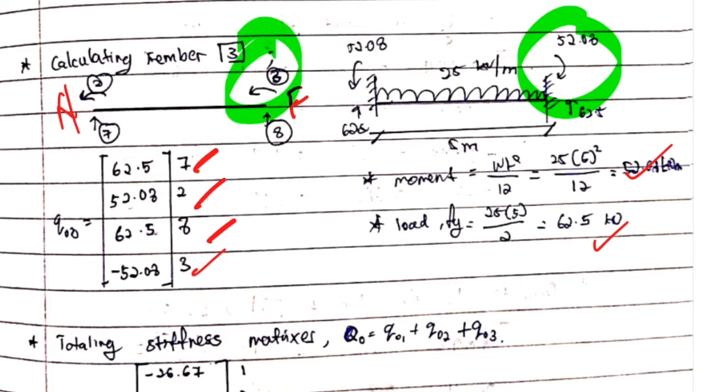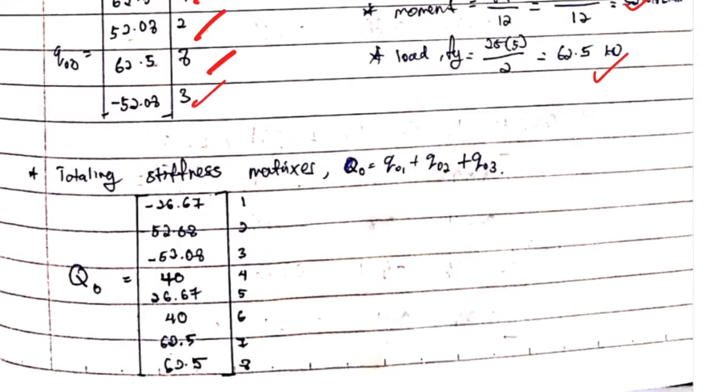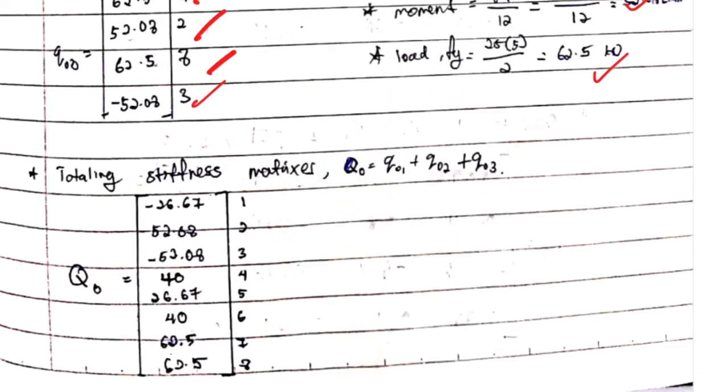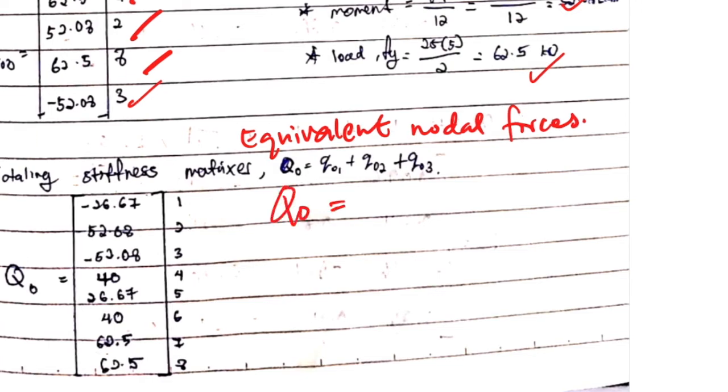So for the total, this Q is called the equivalent nodal forces. Okay, Q naught, and this is Q naught 1 plus Q naught 2 plus Q naught 3.